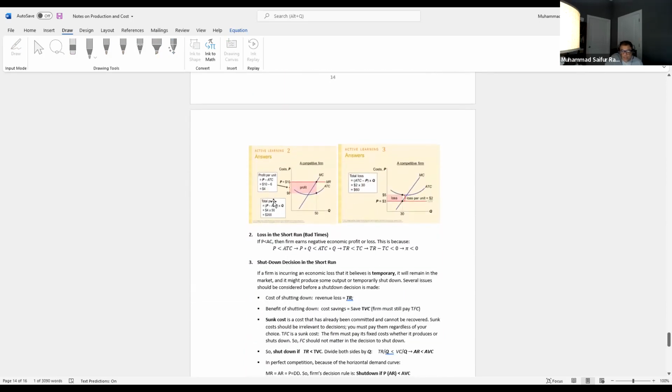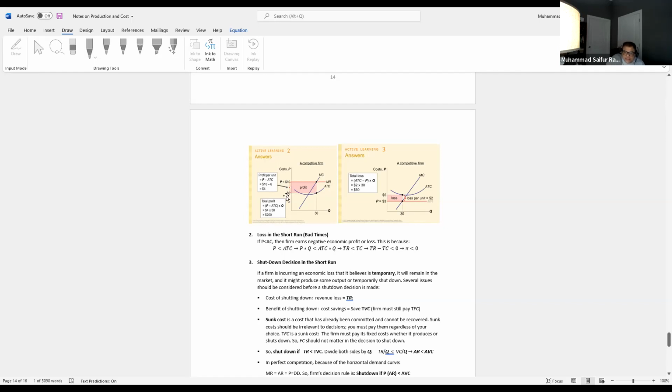And we have a graphical illustration here where you can see that the profit maximization price level is found at a point where marginal cost is equal to marginal revenue, and that price level at that profit maximizing output is higher than the average cost at that output level.